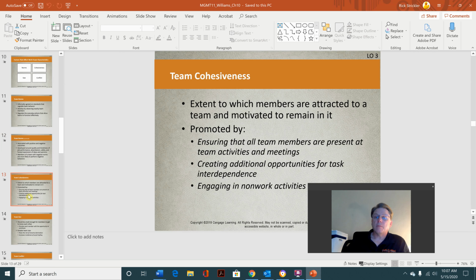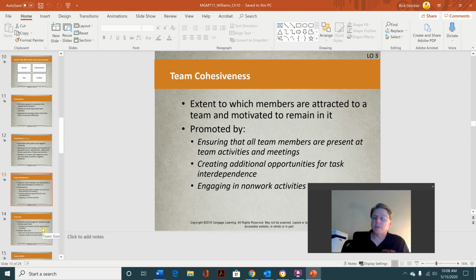Cohesiveness. This is what I called synergy; they're synonyms in this case. It is the extent to which members are attracted to a team and motivated to remain in it. Ensure that all team members are present at team activities and meetings, creating additional opportunities for task interdependence, engaging non-work activities.